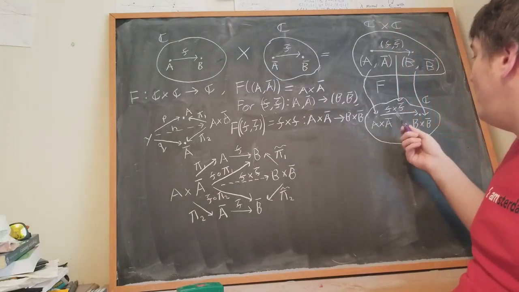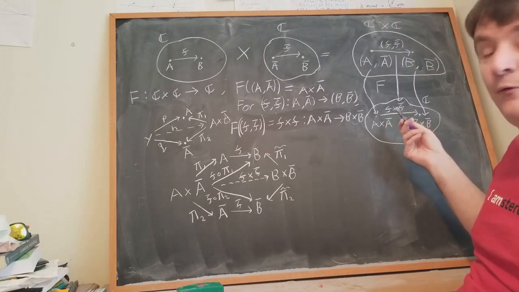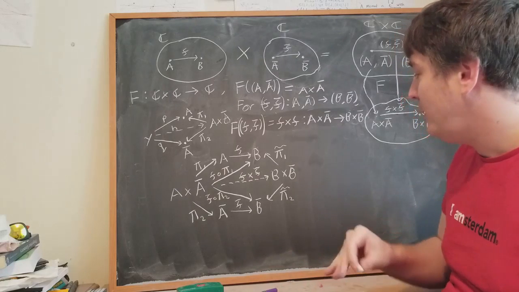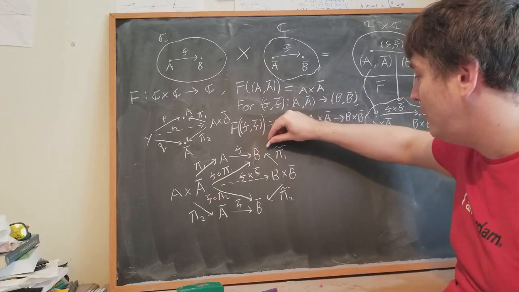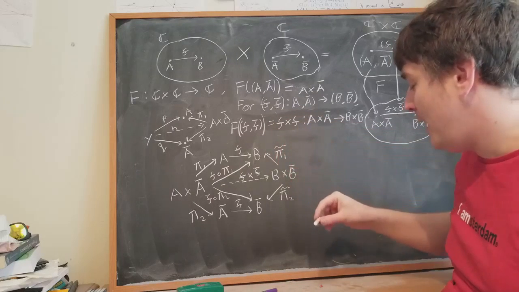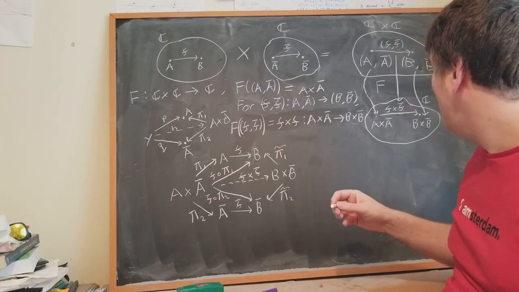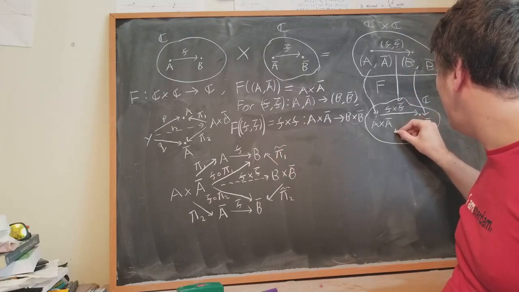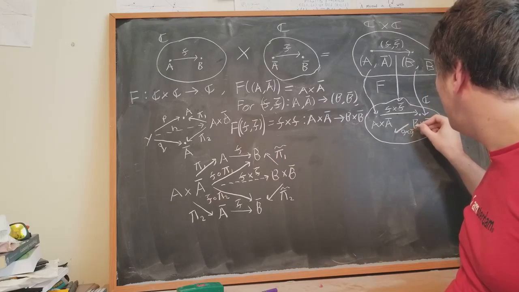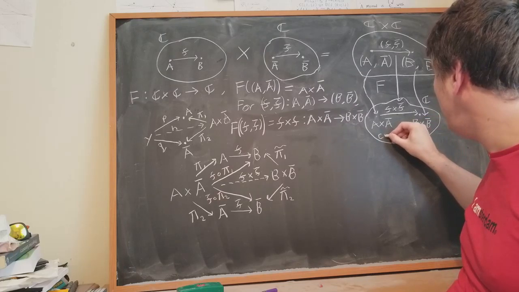And how do we compose these types of arrows? Well, I think it's very natural. So you can say we have another thing, G times G bar going to C times C bar.